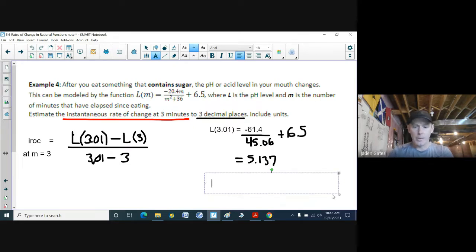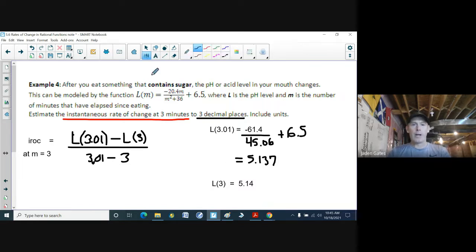Now I'm going to cheat a little bit here and tell you that I already did pump in L of 3. It was a little bit easier, obviously, because it's a whole number. And I got 5.14. All right, so now to find my instantaneous rate of change.